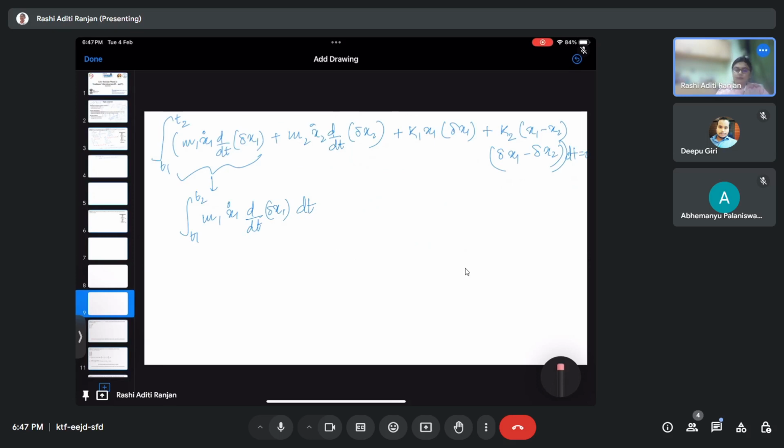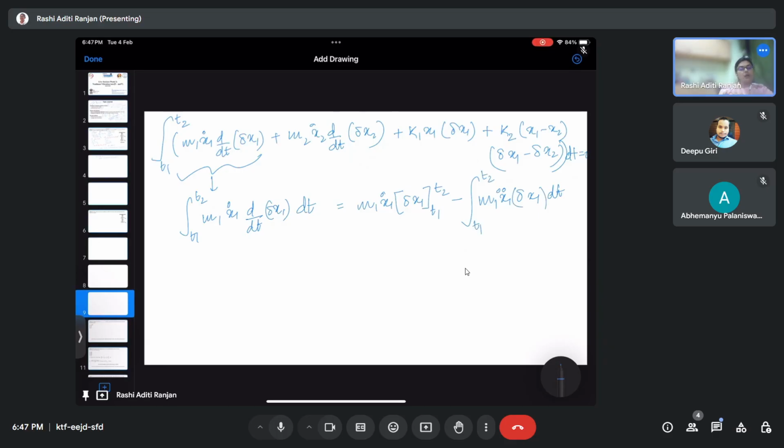So what we do is first function into integration of second function. So d by dt, integration of d by dt is what? Whatever the function is, that delta of x1, limits of integration from t1 to t2, minus integration of differentiation of first function, which is m1 x1 double dot, into integration of second function delta x1 into dt from t1 to t2. I hope this is clear.